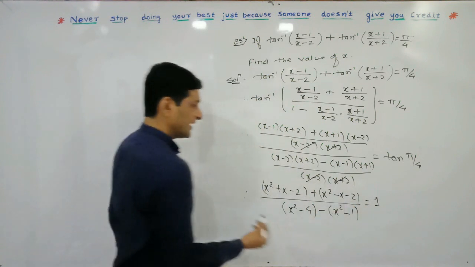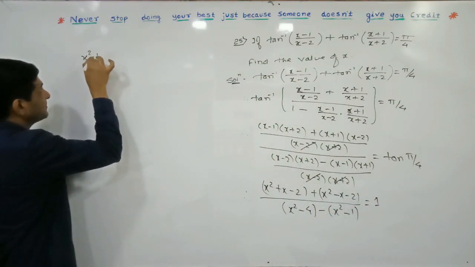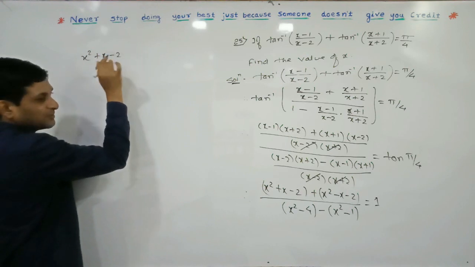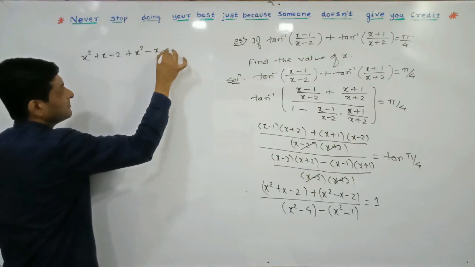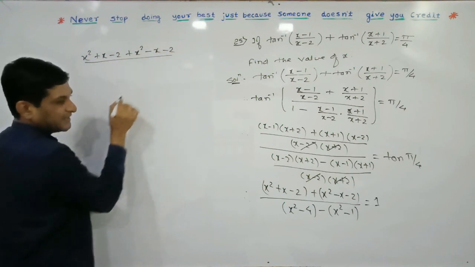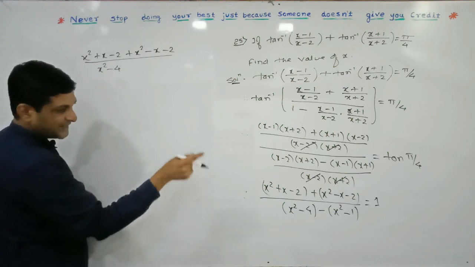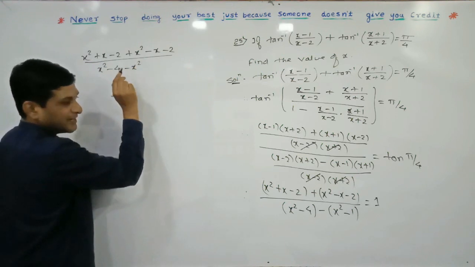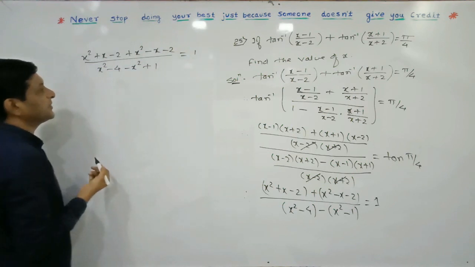Now take the addition of these two terms. First open the bracket. Let us see what we'll get here. So here we will get x square plus x minus 2 plus x square minus x minus 2. In the denominator, if you open the bracket, what will we get? x square minus 4, minus into x square is minus x square, and minus into minus 1 will become plus 1. On the right hand side, 1 keep it as it is.